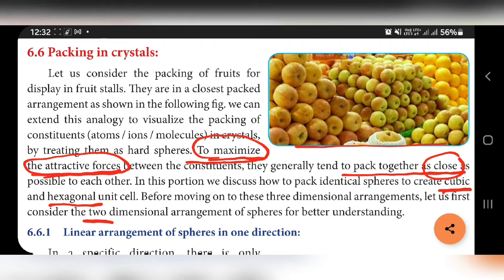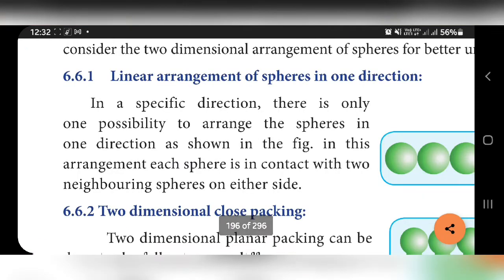So the first one is the linear arrangement of spheres in one direction. In a specific direction, there is only one possibility to arrange them. In this arrangement each sphere is in contact with two neighboring spheres, one on either side.